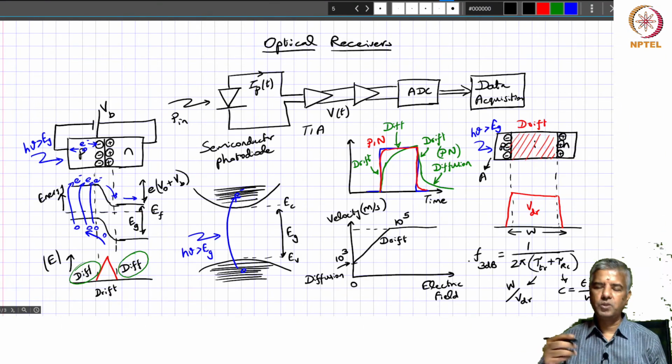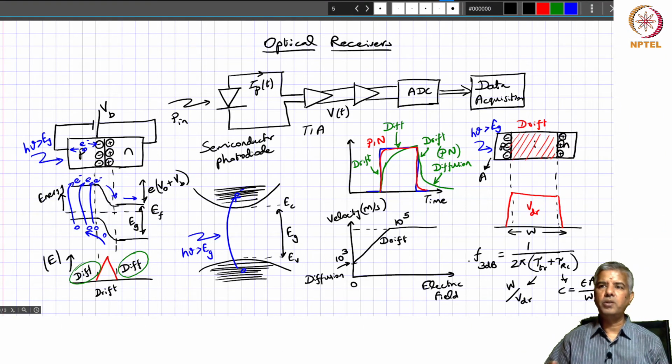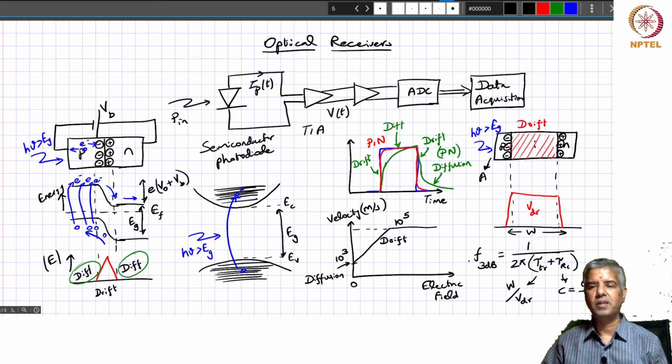Just to give you an idea, if you want a receiver with nanosecond response time, nanosecond rise time, why do you need a nanosecond rise time? Well, it could be an application like we talked about in the last lecture, an application in distributed sensing where you have a 10 nanosecond pulse that you need to capture at the receiver.